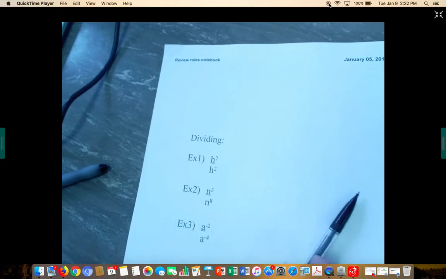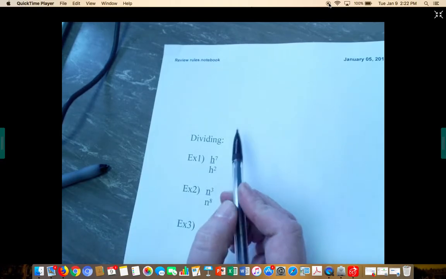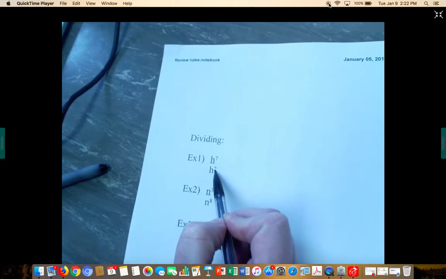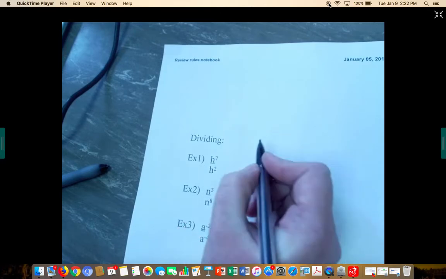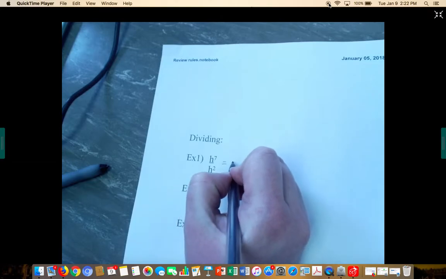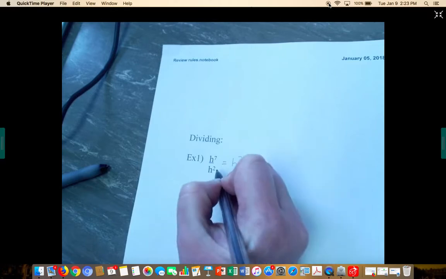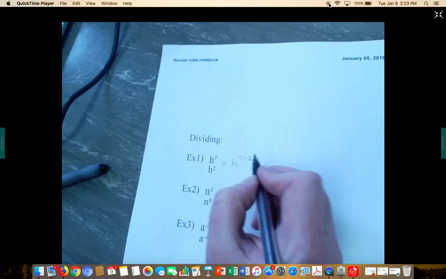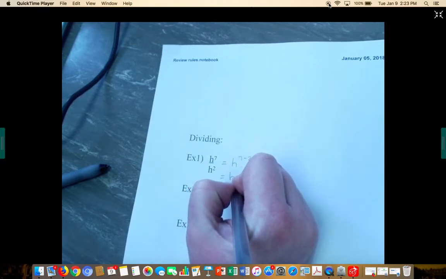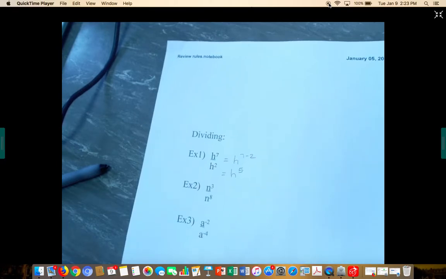All right, so when we look at the division, we're going to subtract our exponents if they have the same base. So we have h's here, so I can subtract my 2 exponents. So I have 7 minus 2. Okay, we take our top one, subtract the bottom one, and we can say this is h to the 5th power.